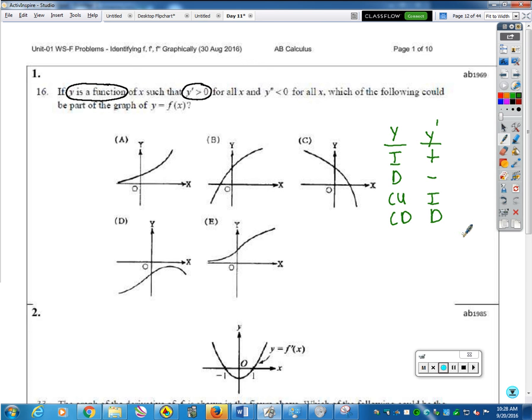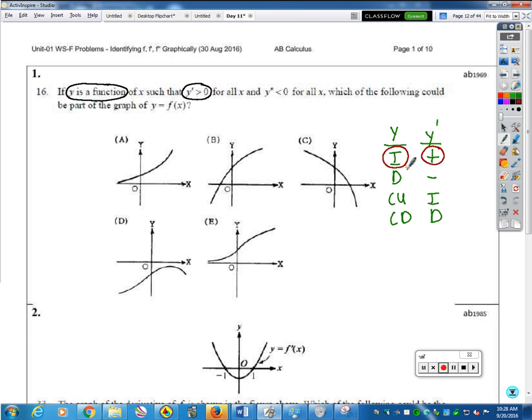Lexi, go ahead. So I pay attention to the fact that because the y prime values are always positive, the y coordinates of the y function will be increasing.